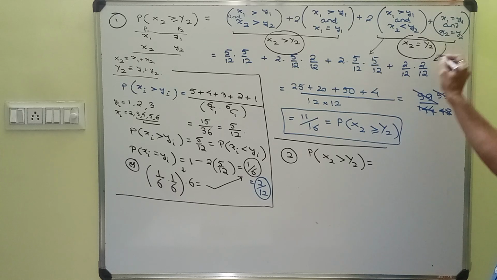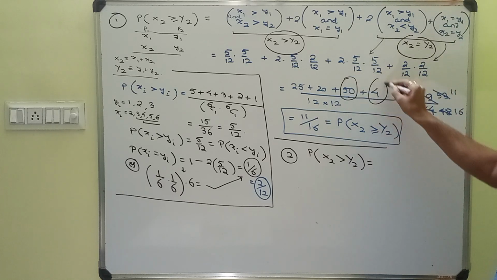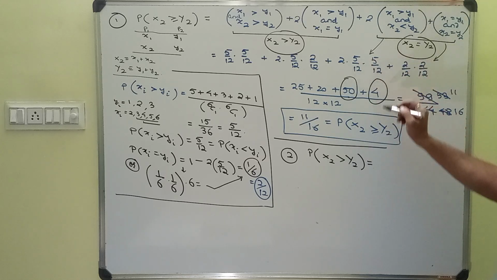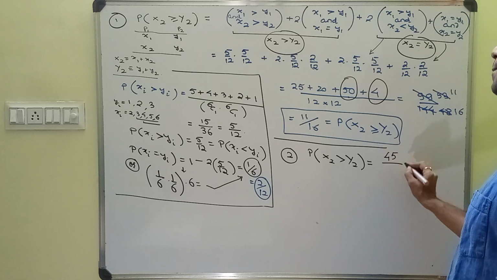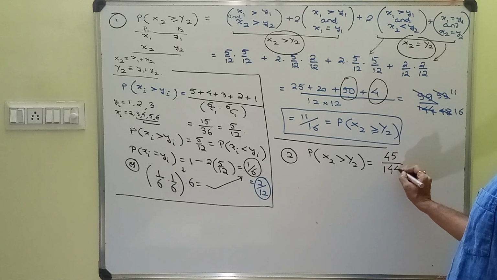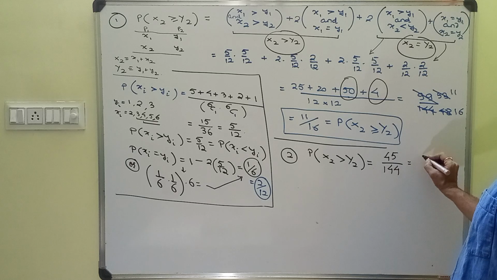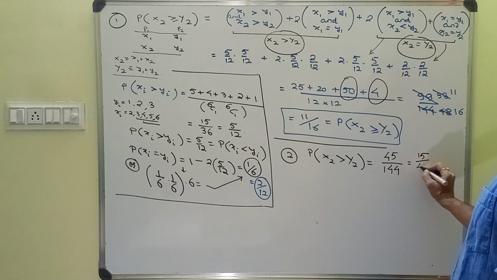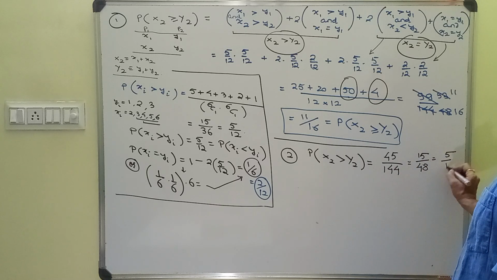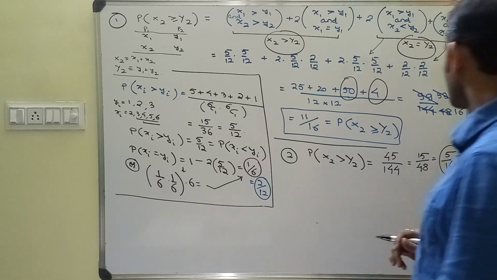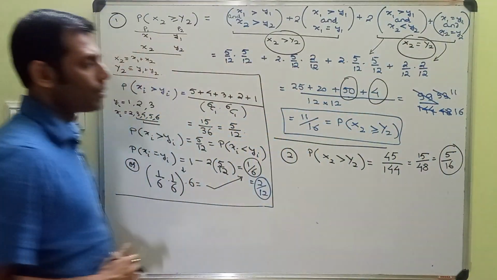That means from the numerator, 50 would go off, 4 would go off. Hope you understand this. And that means this counting would be equal to 45/144. And if I reduce by 3, 15, 3 4s are 12, 24, 48, again reduce, 5/16. This is going to be the answer for P(x2 > y2).